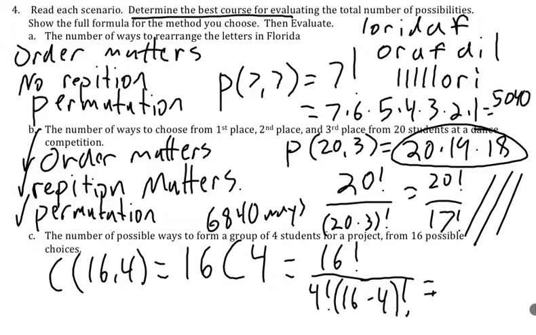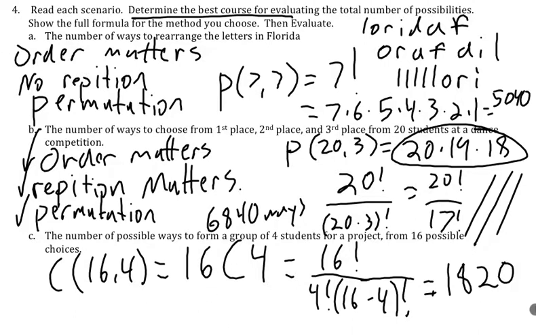But most importantly, like I said in class today, this is really the heart of getting full credit, is writing the full choose formula. How you choose to simplify it, I'm not going to be too picky on. So there are actually 8,020 different groups I can make if I had 16 students to choose from and I needed to make groups of 4.